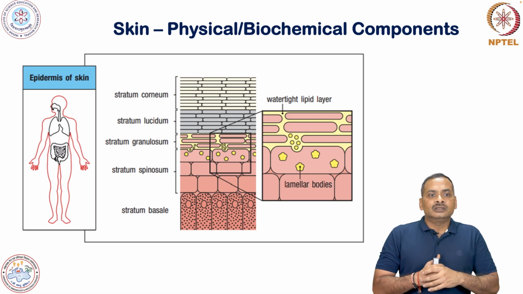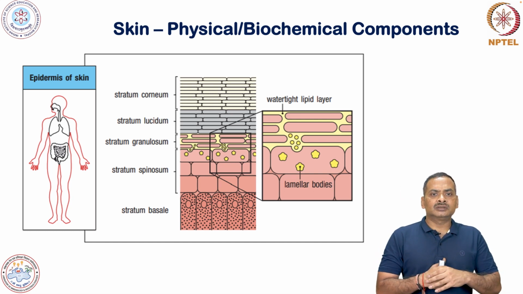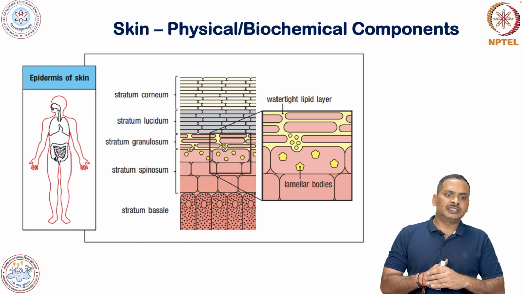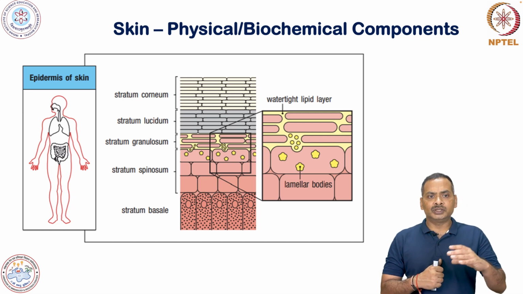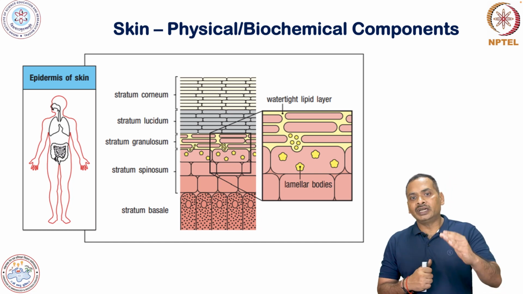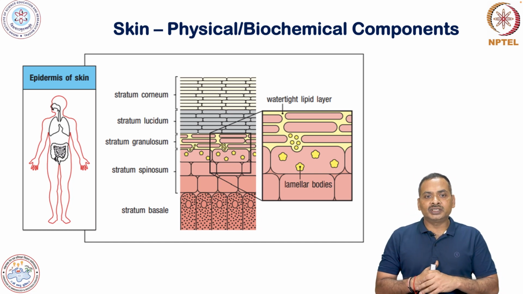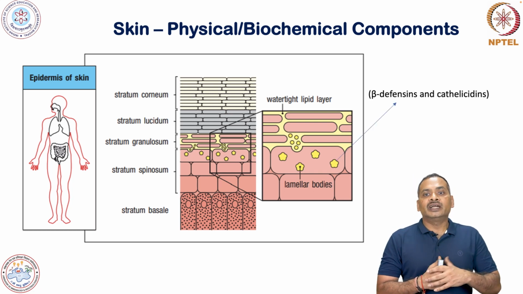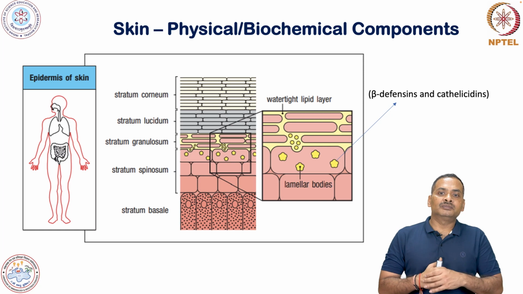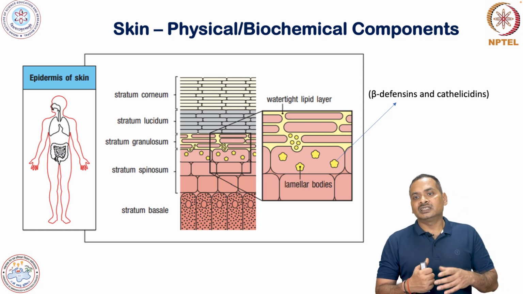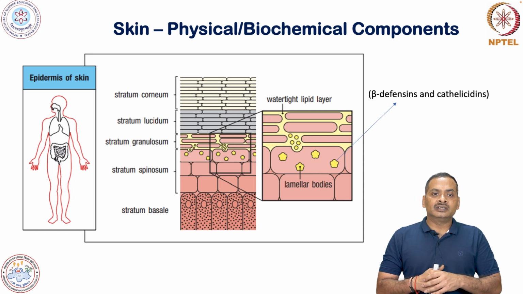Stratum lucidum is below the corneum, and stratum granulosum is in between lucidum and spinosum, as you can see in this picture. If you notice, there are yellow laminar bodies, and these laminar bodies contain the beta defensin and cathelicidin.